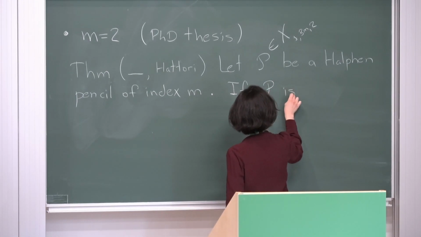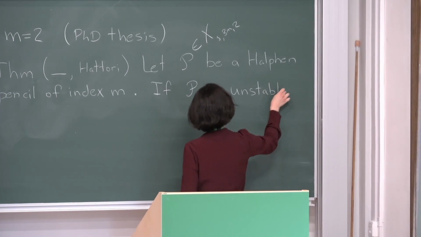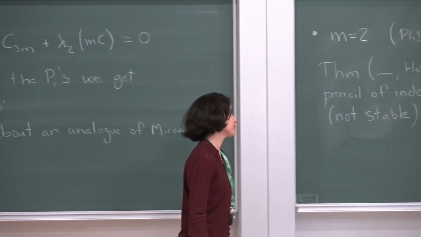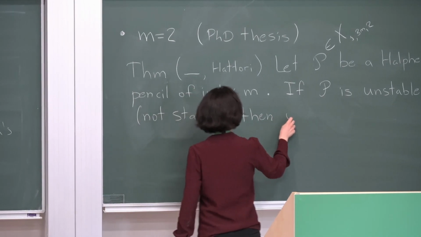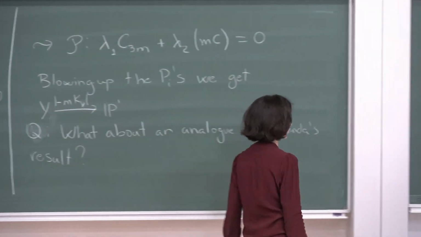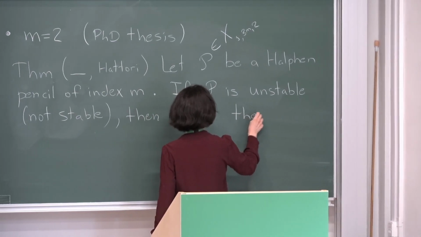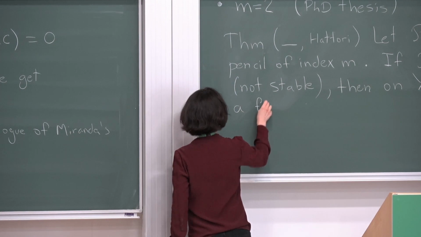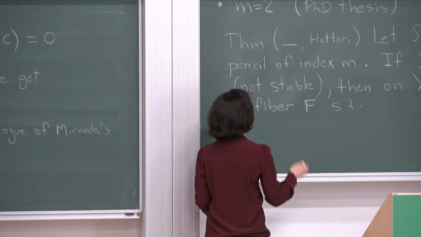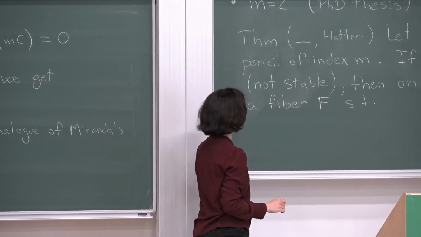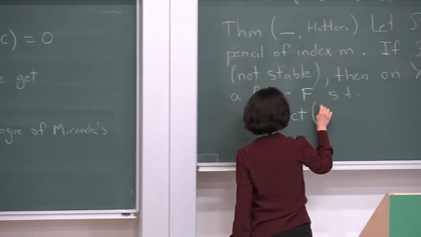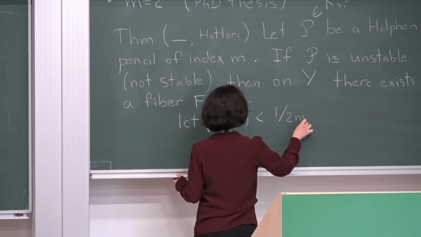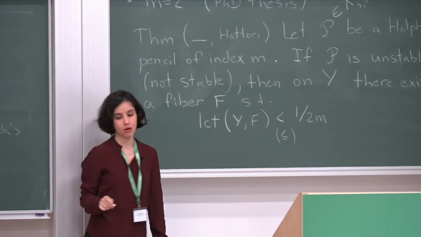So if P is unstable, respectively not stable, then on the surface Y that I get, there exists a fiber F such that the log canonical threshold of (Y, F) is less than 1 over 2m in the unstable case, and less or equal in the non-stable case.